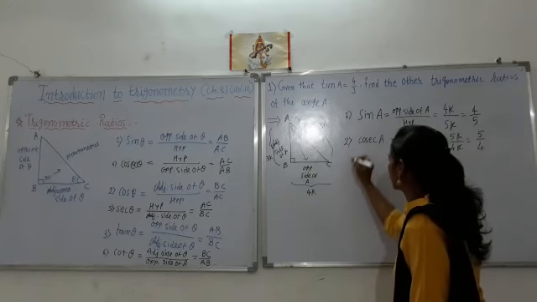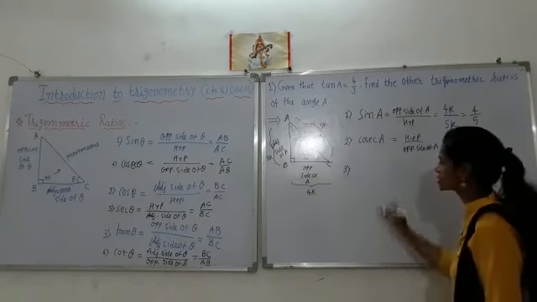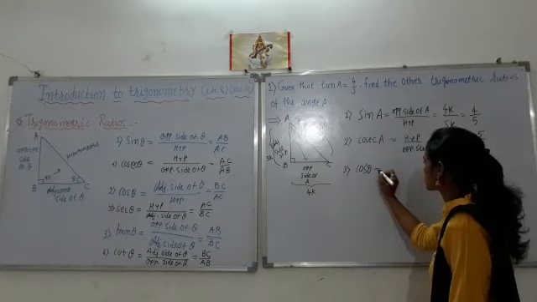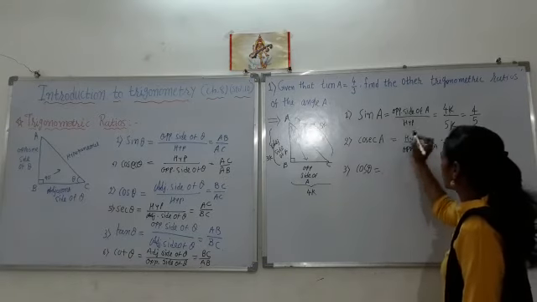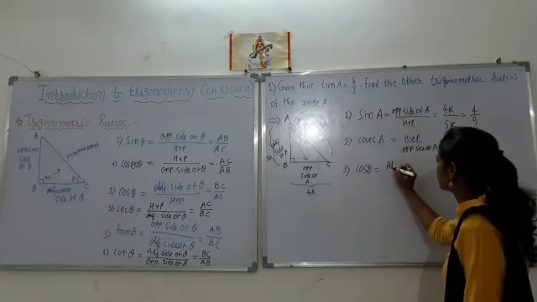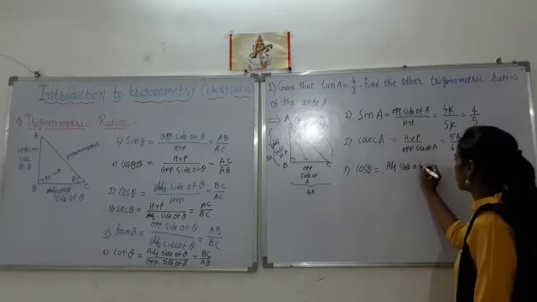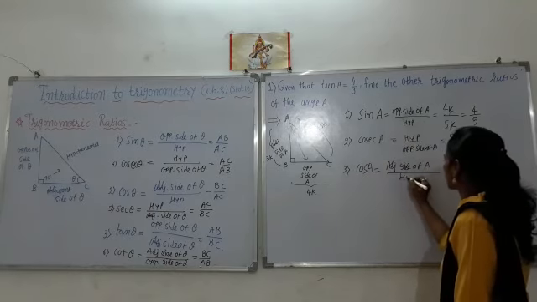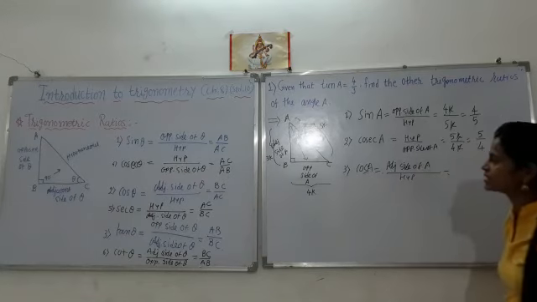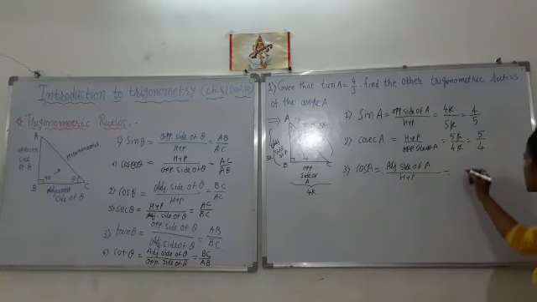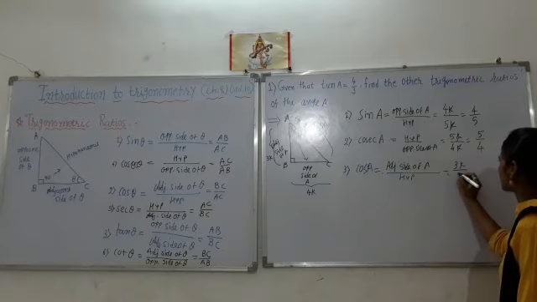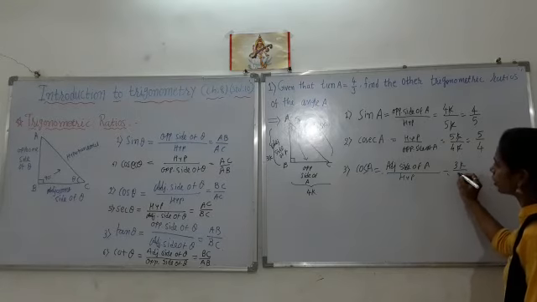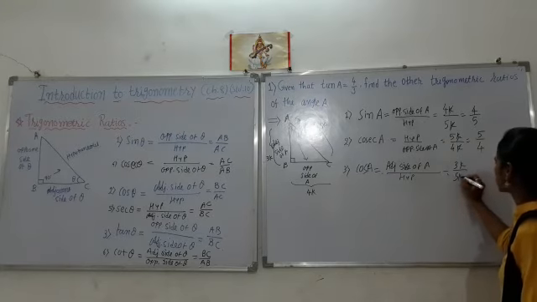This is the second. Third is cos theta. So cos A is adjacent side of A upon hypotenuse. What is the adjacent side of A? Here AB, and its measurement is 3K. So write 3K upon the hypotenuse 5K.